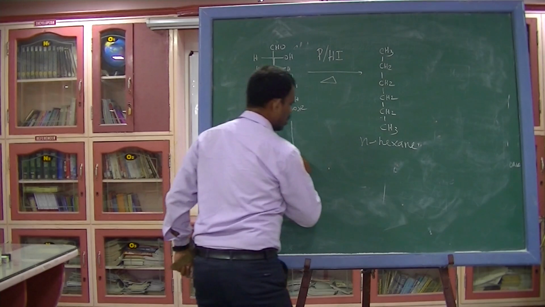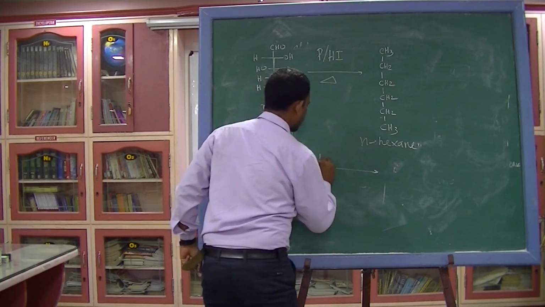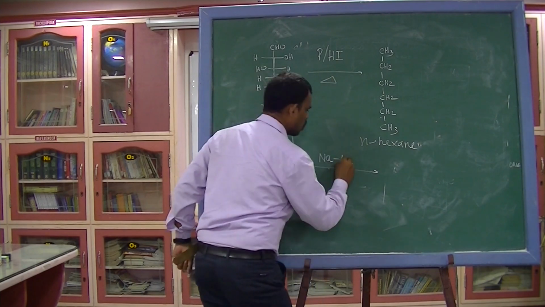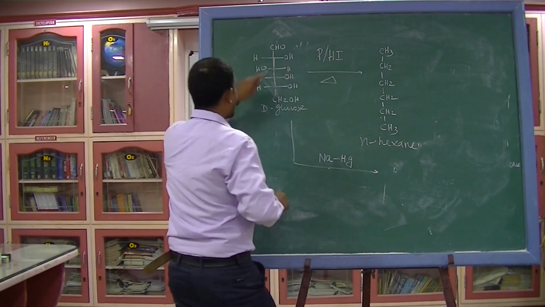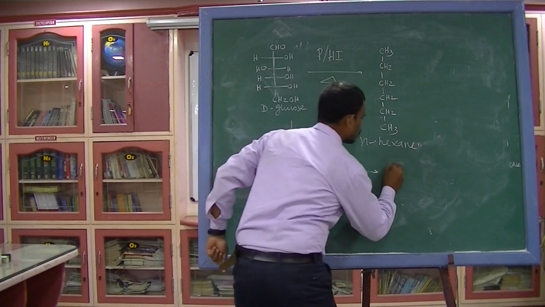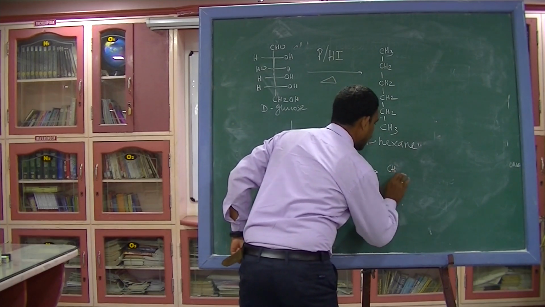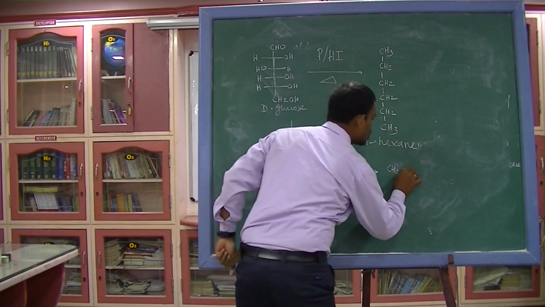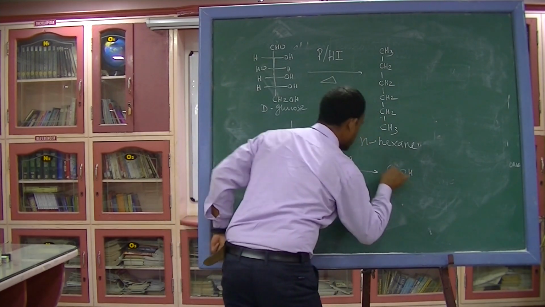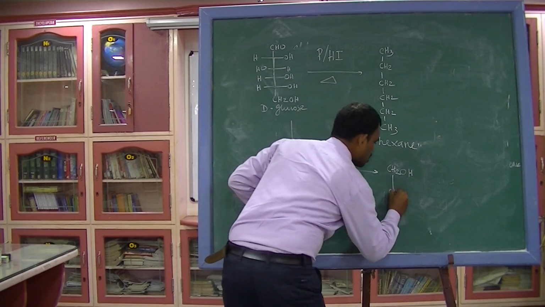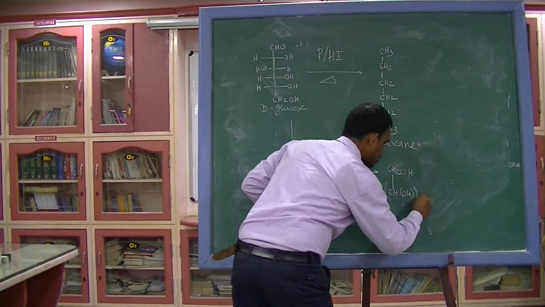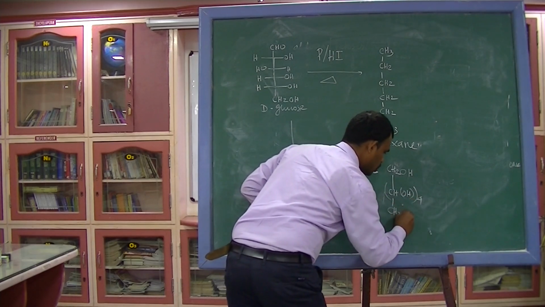Similarly, if you treat this D-glucose with sodium amalgam, the carbonyl group is reduced to alcohol, so you will get the alditol. For simplicity, I am writing this as CHOH four times plus CH2OH.